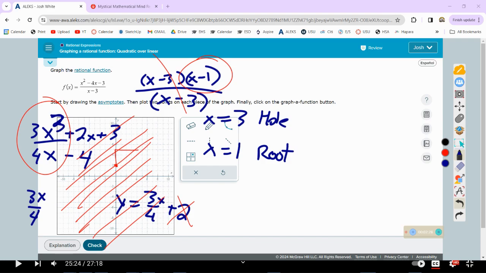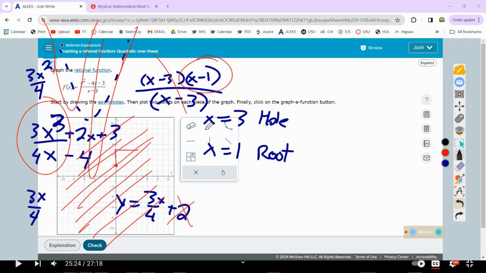If the top was 3x squared and the bottom was 2x, then we would have a 3x squared over 4 asymptote. So we would have this parabola that would be an asymptote, which is kind of weird. So it might look like this, something like that. And this is going to approach that quadratic asymptote.